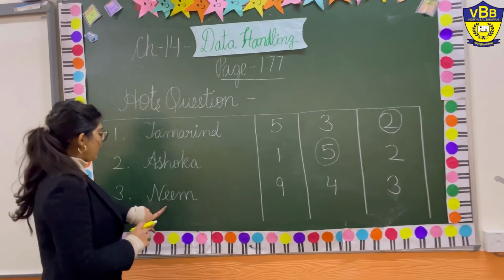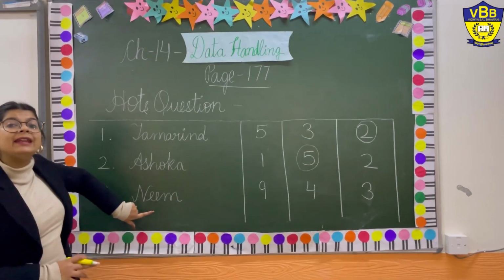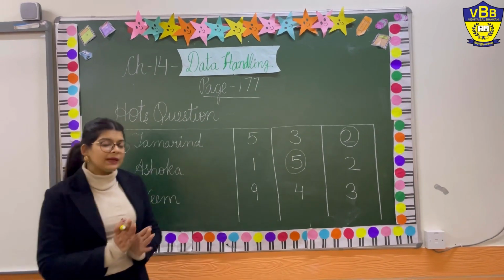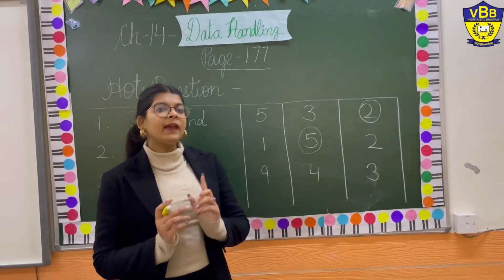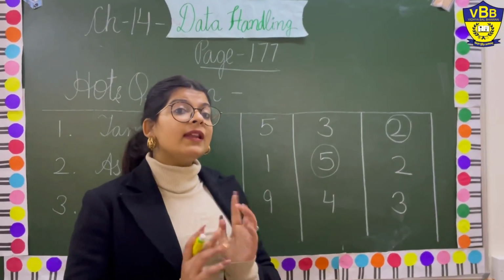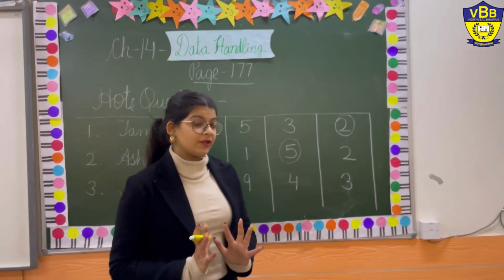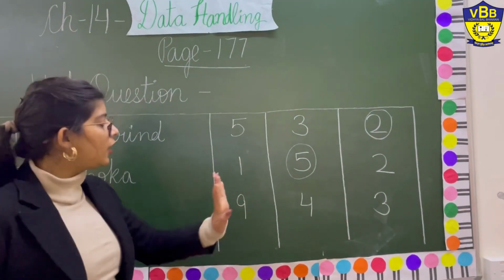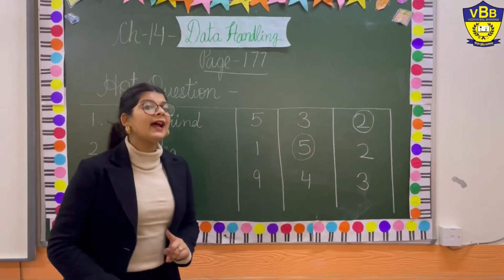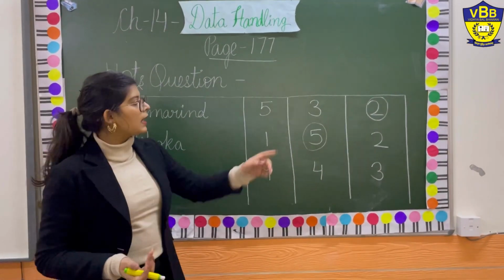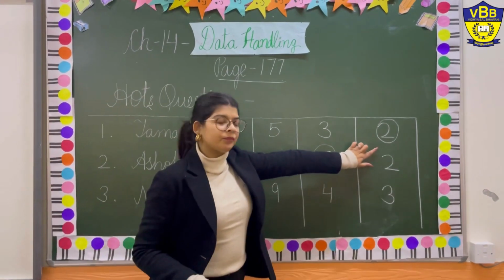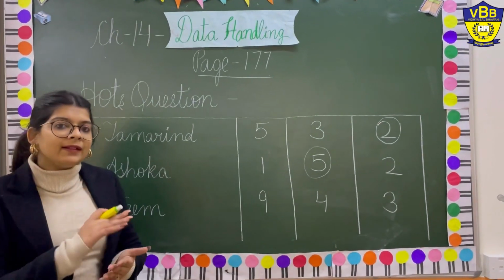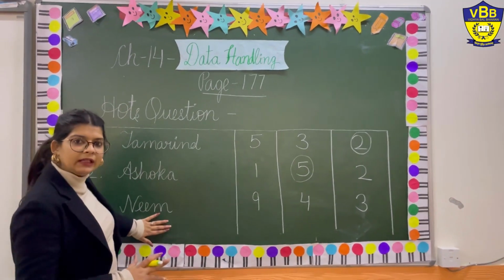Now, your third question is, how many neem trees are there? As I told you, neem trees were more than termite trees but less than Ashoka trees. We have done termite trees and Ashoka trees. We are left with neem trees. Termite were the least, Ashoka were more, and in the middle there are neem trees.